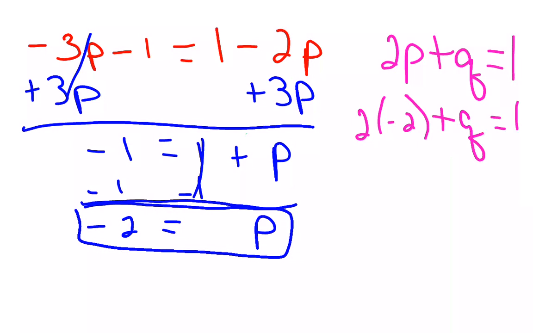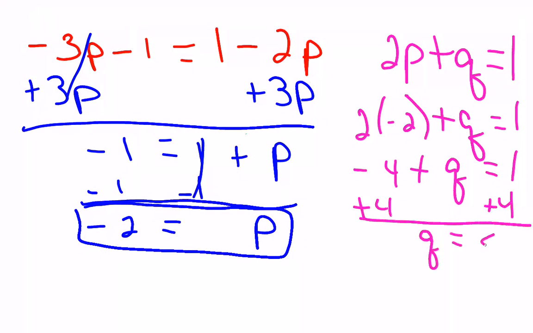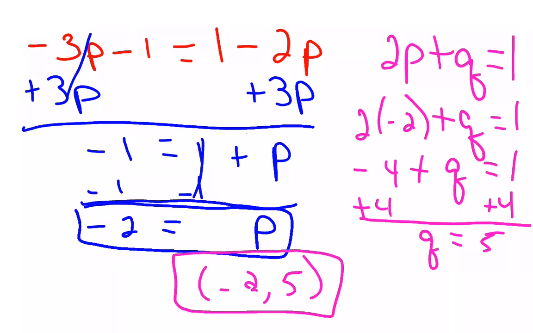So negative 2 times 2 is a negative 4. And to get q by itself, we need to add 4 to both sides. So q equals 5. So what is our solution? Negative 2, 5. So if we were to graph those two lines on the same Cartesian coordinate plane, we would see that that is where they cross. They cross at negative 2, 5.